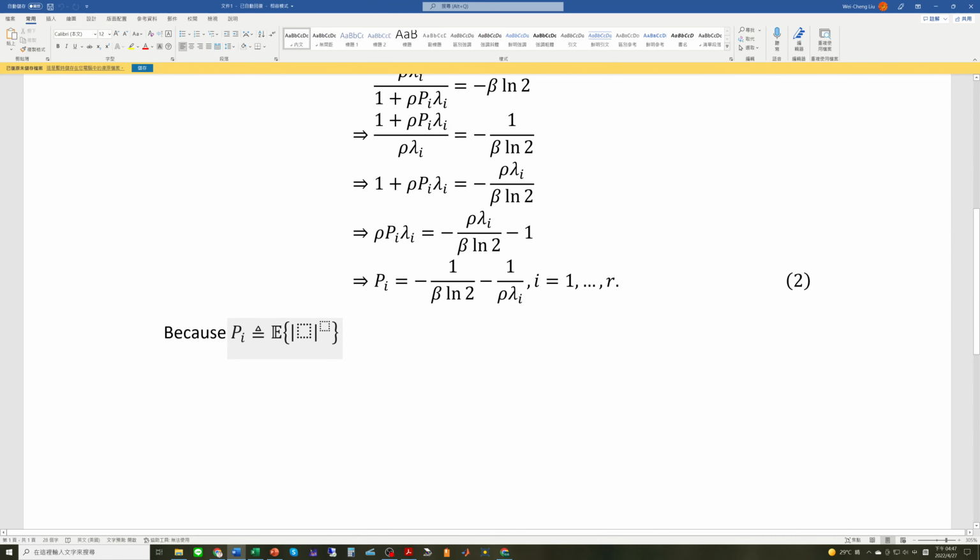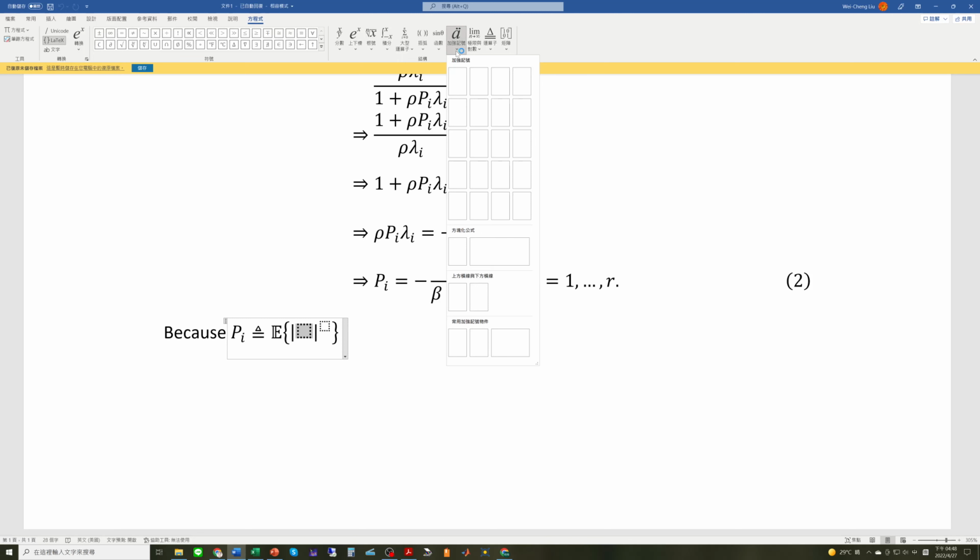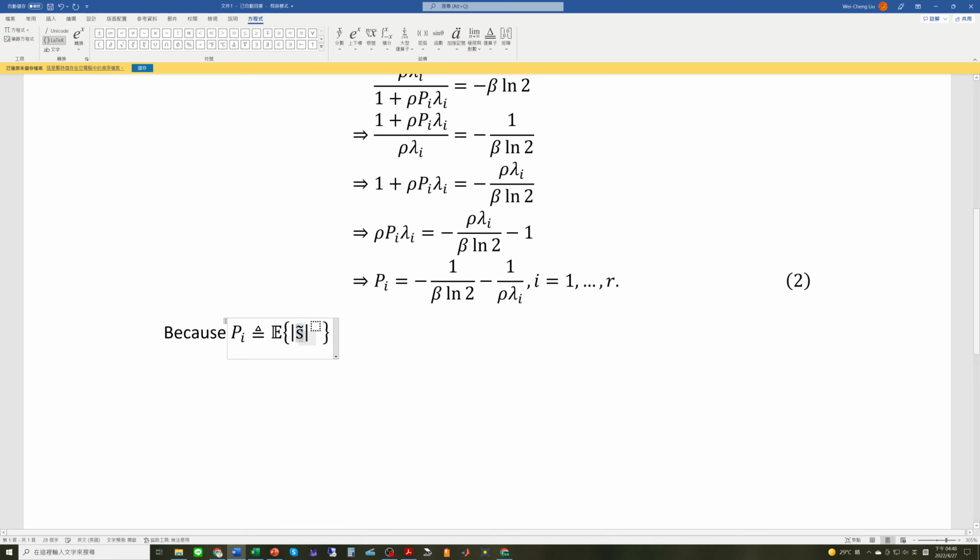So PI is defined as the expectation of the square of the absolute value of S tilde I, where S tilde I is the I symbol to be transmitted.